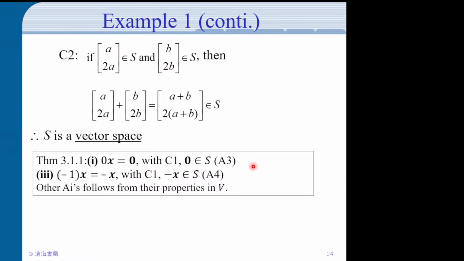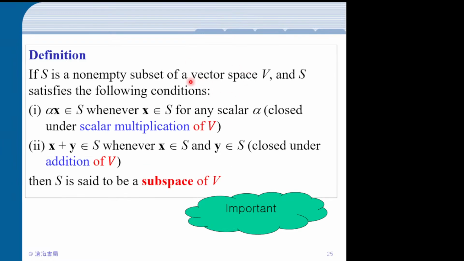So the 0 vector is inside S, and similarly for the inverse: the inverse is minus 1 times x. And the other 6 properties just follow from their properties in V.